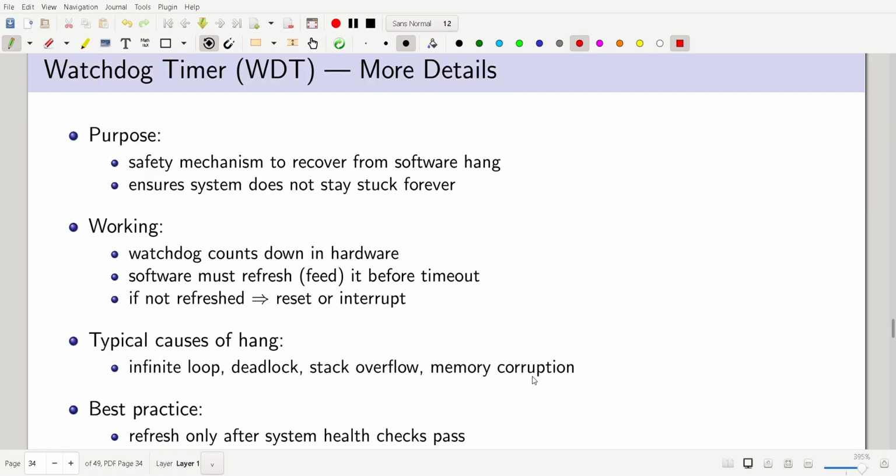This is very important. There are other causes also, but right now we just illustrated these. You can also write in the comments the different types of software hang causes.